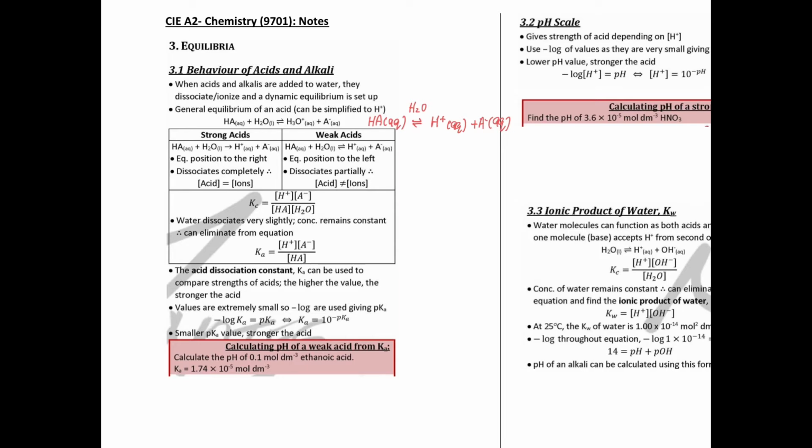So if you want to write H+ instead of H3O+, then you write your equilibrium equation in this way.